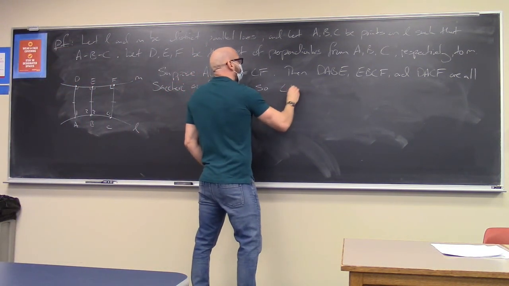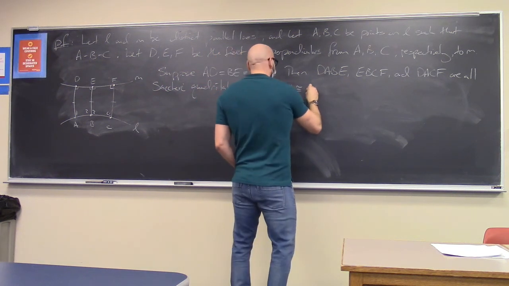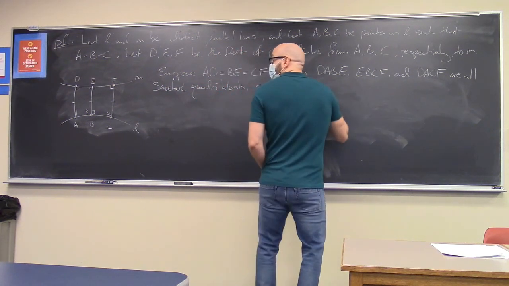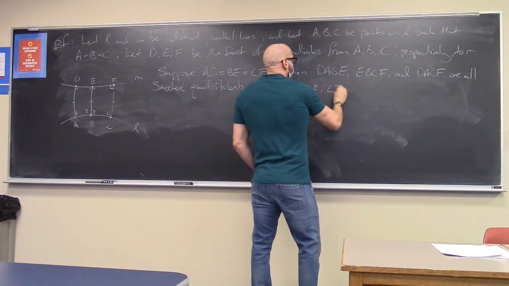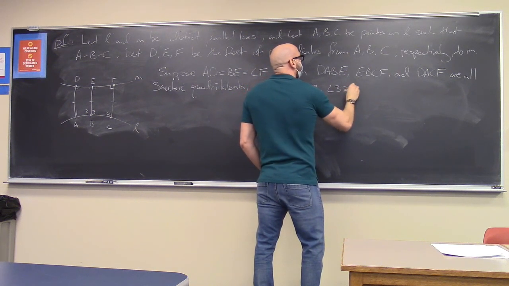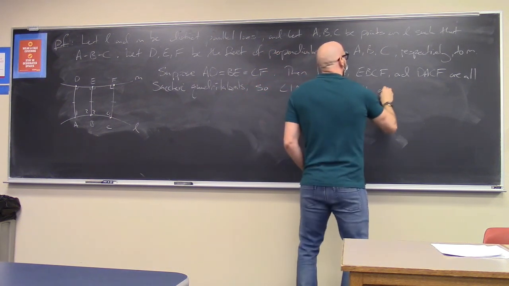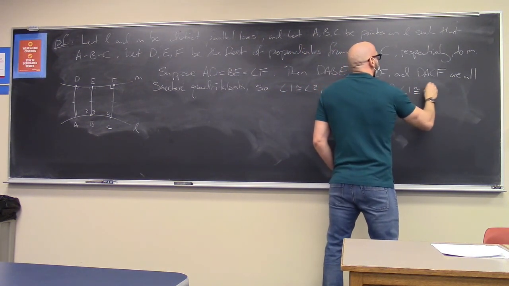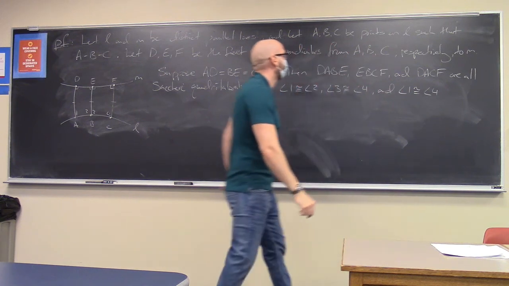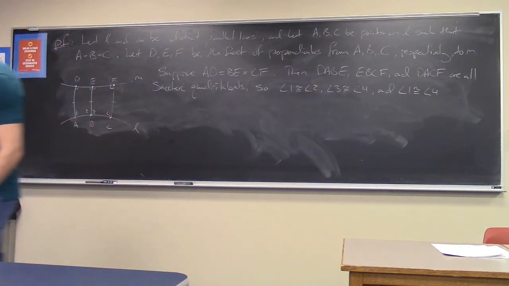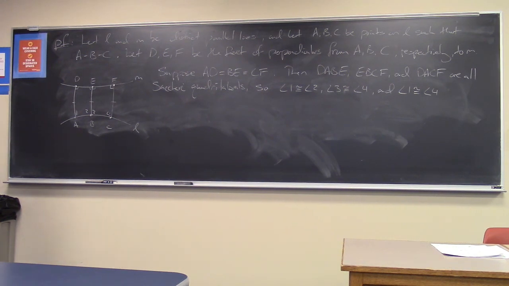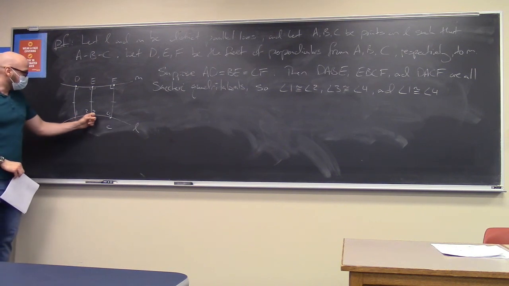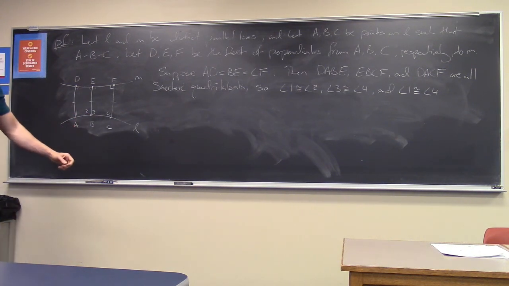So angle 1 is congruent to angle 2. Angle 3 is congruent to angle 4. And angle 1 is congruent to angle 4. So by transitivity, I want to claim that angle 2 is congruent to angle 3. I can do that, right?